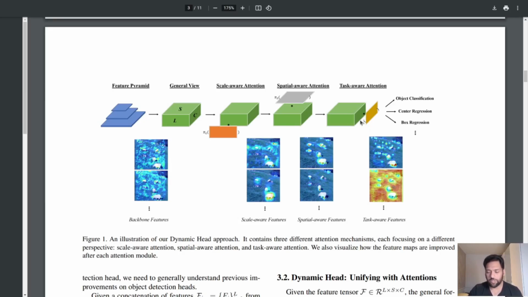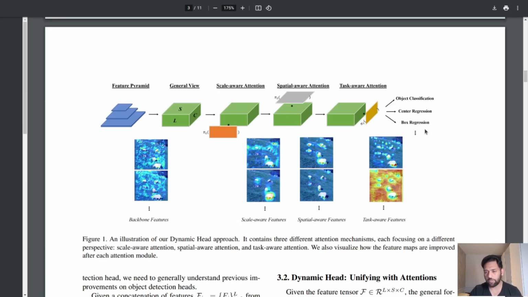Essentially in object detectors we have a backbone, and then we have different branches. One can do object classification, the other branch can do center regression or bounding box regression, depending on what kind of object detector you have. For classical object detectors like Mask R-CNN, we have bounding box regression, but for something like FCOS or CenterNet, we have this kind of center-of-the-object regression.